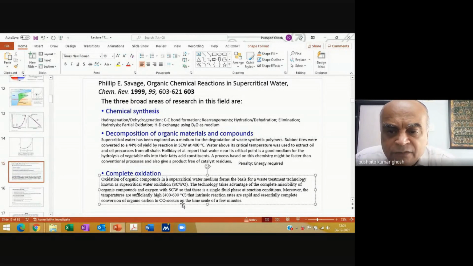One, as you can see, most organic compounds become completely miscible with supercritical water. Second, oxygen solubility, which is not so high in regular water, is freely soluble in supercritical water.